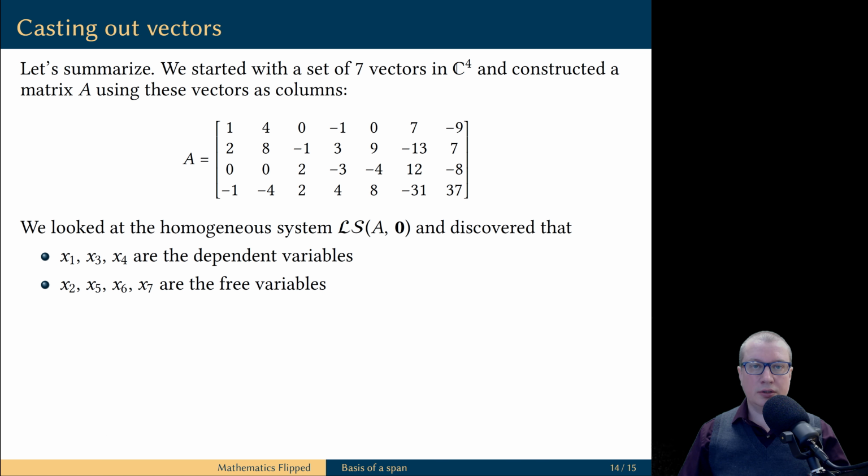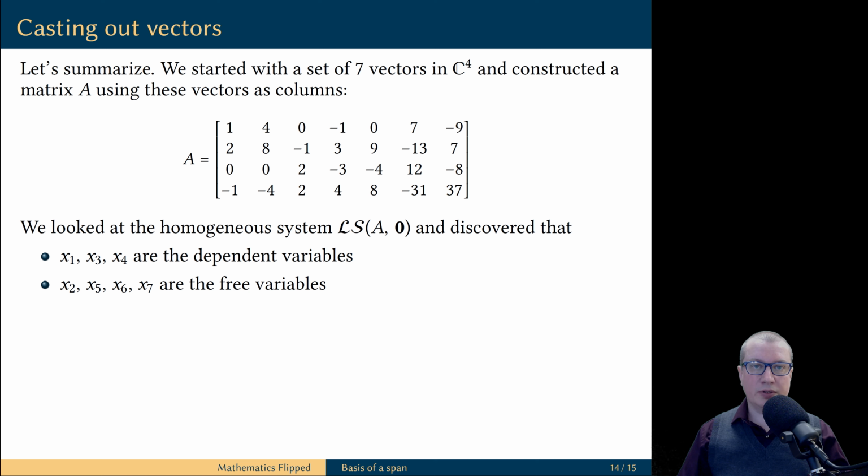This was a long computation, so let's recap what we achieved. We started with a set of 7 vectors of size 4. We used these column vectors to construct a matrix A. Then we looked at solutions of the homogeneous linear system with this matrix A as the coefficient matrix. We discovered that there are 3 dependent variables and there are 4 free variables.